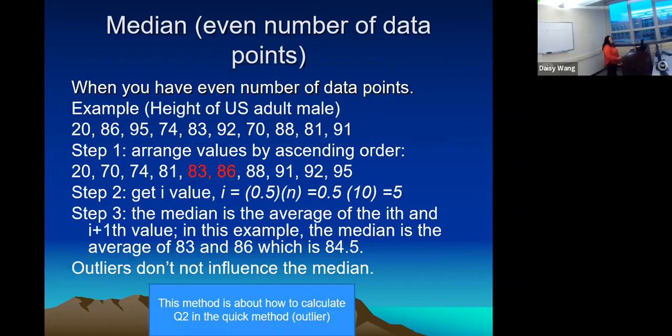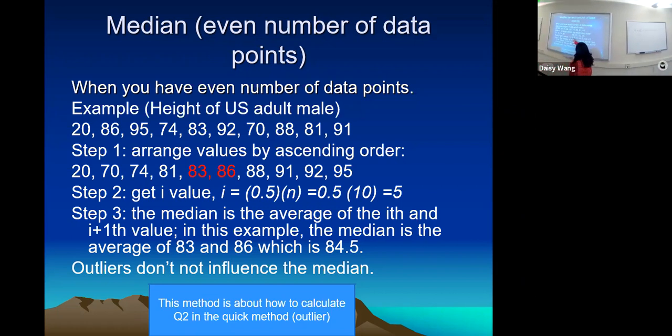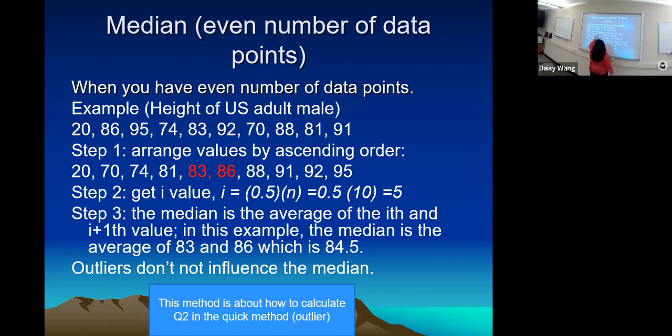So if we have an even number now, say we add 20 in front of this, then between this and this we have 5. Since it's an even number, 1, 2, 3, 4, 5 and 6 are our median.